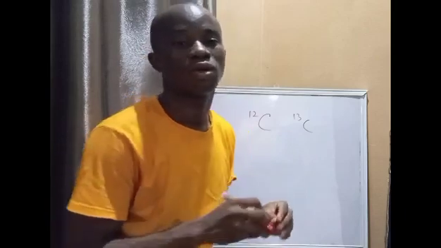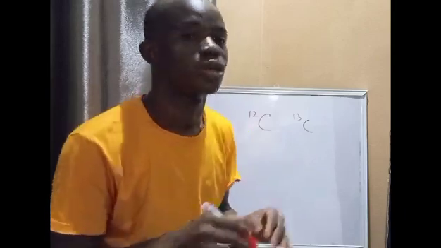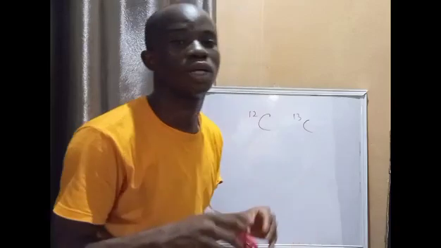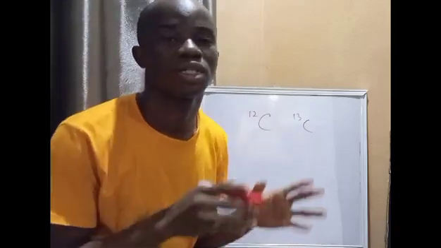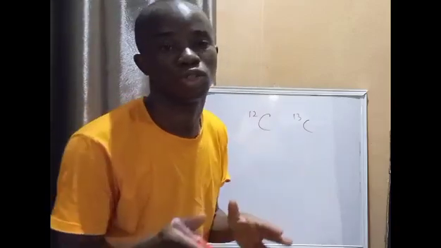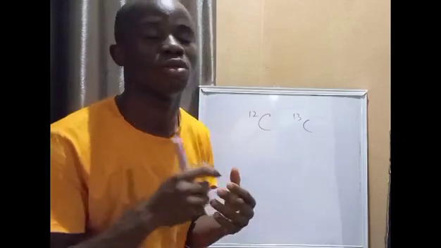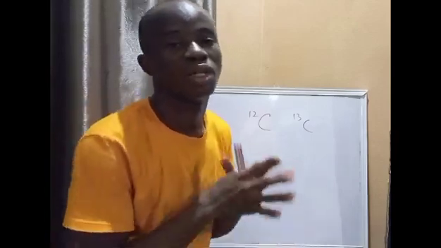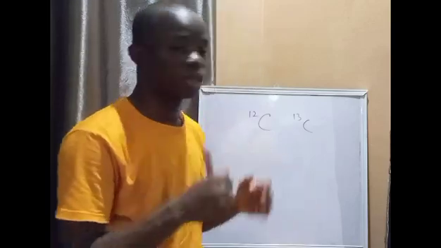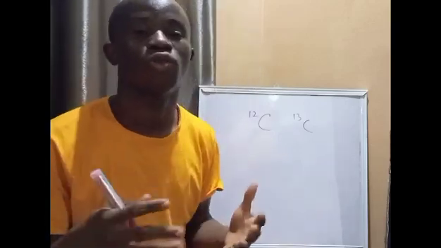To read an NMR spectrum, there are four basic things that you have to know, which include number one, the number of signals in the NMR spectrum given to you. Number two is the chemical shift of each of those signals. Number three is the multiplicity of those signals.